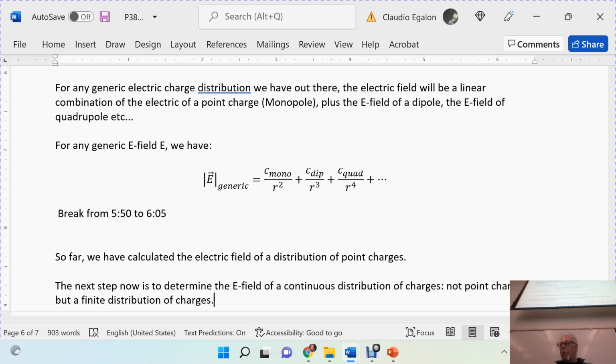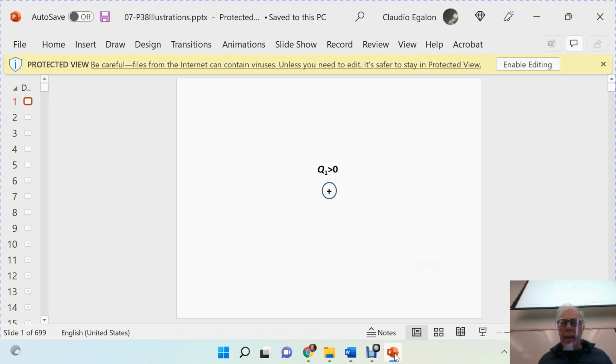Finite distribution of charges can be a linear distribution of charges, like a line with electric charges very close to each other. It can be a two-dimensional distribution of a charge, like a disk.